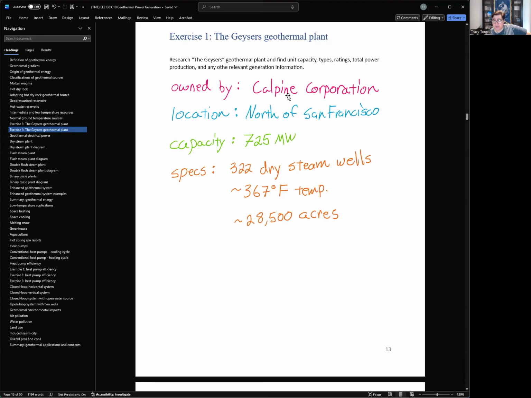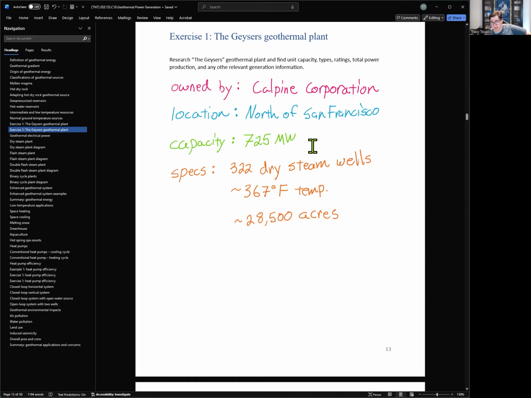The location is about 50-something miles north of San Francisco, basically on that fault line. Capacity is 725 megawatts that they run pretty much year round, barring some wells taken offline for maintenance.